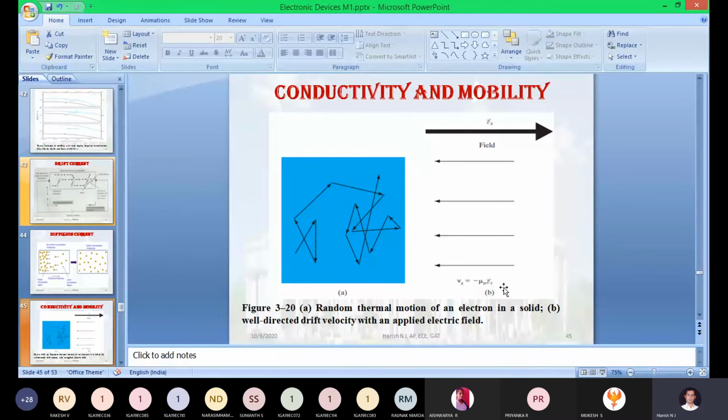So for driving them to a particular direction, you apply an electric field. Will you be able to drive all the 40,000 electrons to a particular direction if you apply an electric field?